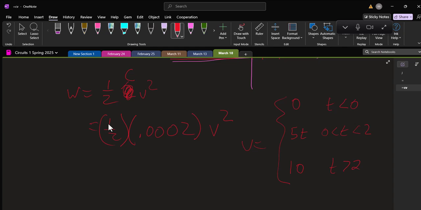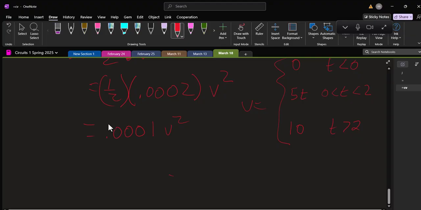So that is 0.0001 V squared. So it's 0 for t less than 0.